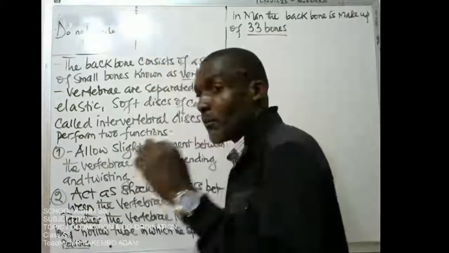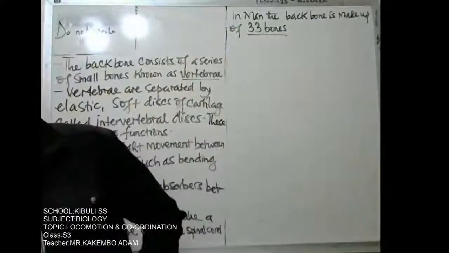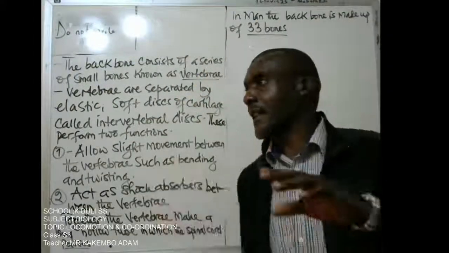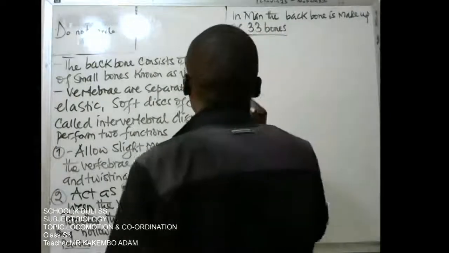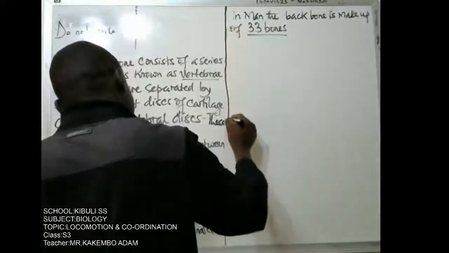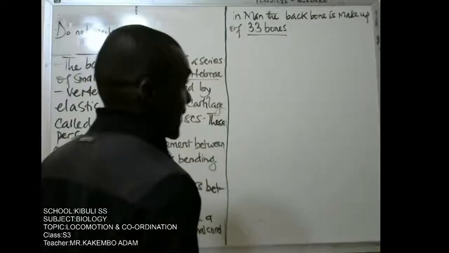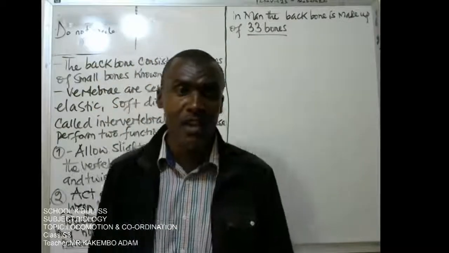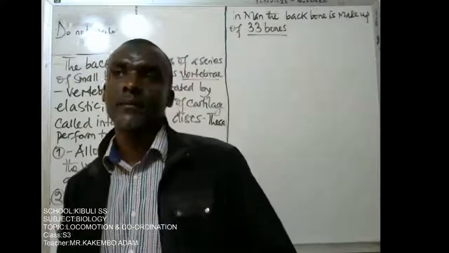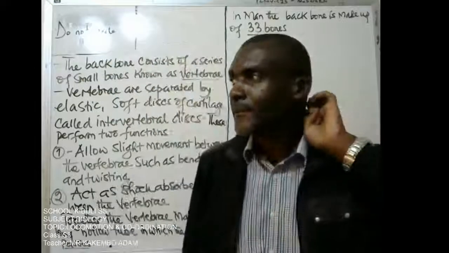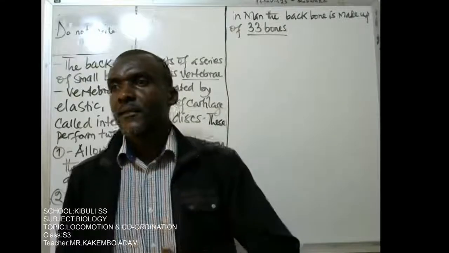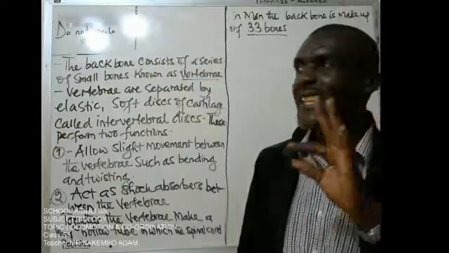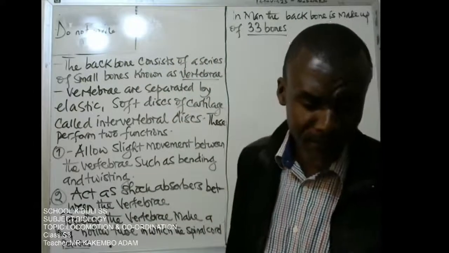So there are 33 smaller bones from the neck up to the tail. Of course, the number of bones vary in different animals. In man there are 33, and they are of different shapes, sizes, functions and positions. Remember, they stretch from the neck to the thorax, from the thorax to the abdominal region, then to the tail.